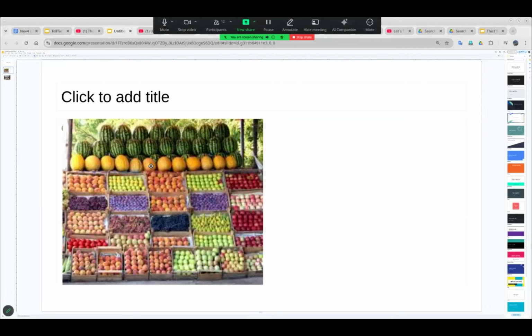You use this. Estas manzanas. ¿Cómo se dice? I want these apples. Quiero estas manzanas. Quiero estas manzanas.